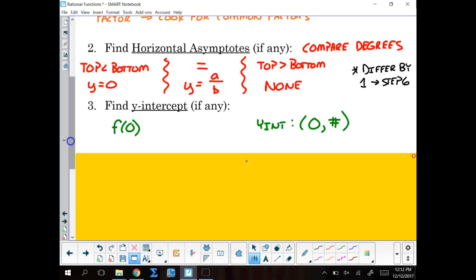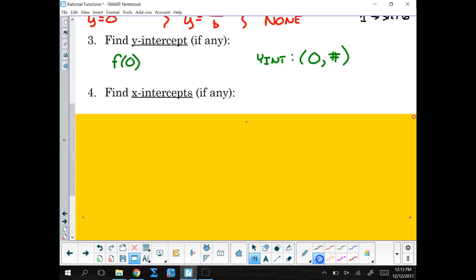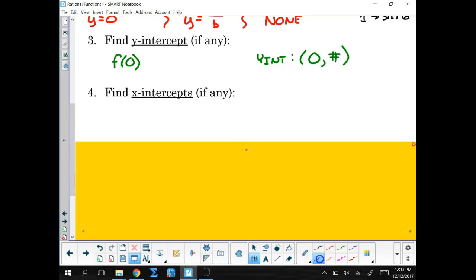What do we do next? Find the x-intercept. How do I find the x-intercept? Set the numerator equal to 0. What's it going to look like? Number comma 0.